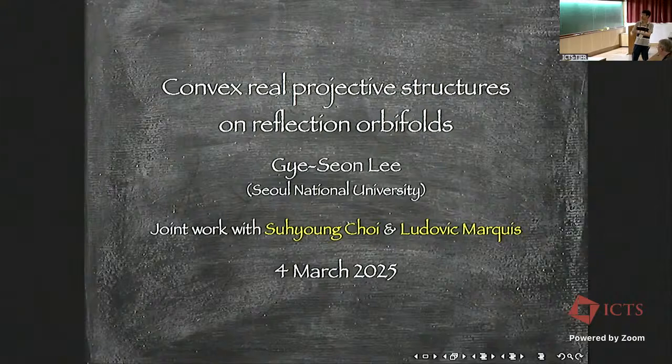But I will start with some motivations. If you want to understand, for example, the Teichmüller space of a closed surface and parameterize it, there are a bunch of ways, but one way is to decompose the closed surface into pairs of pants.